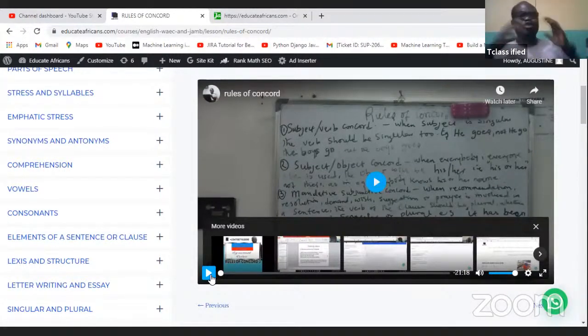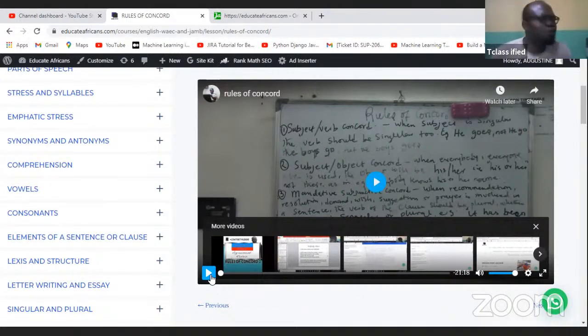Concord is always going to come out for you, and they're going to come out in numbers, up to 15. In your fill in the blanks, you're going to be seeing them. Concord is simply the agreement between the subject and the verb, or between the verb and other parts of the sentence or the clause. So you need to know this concord.